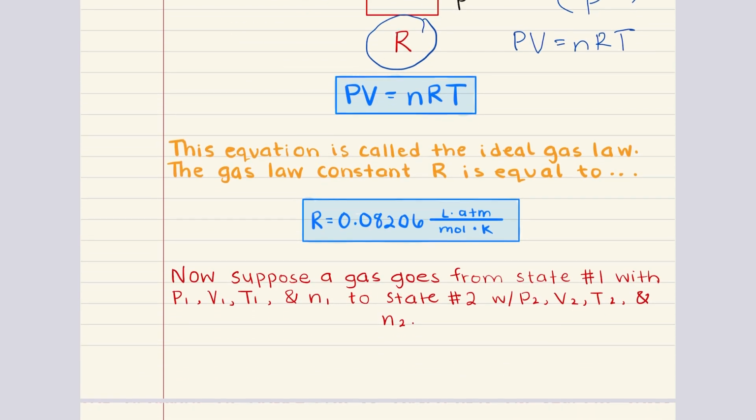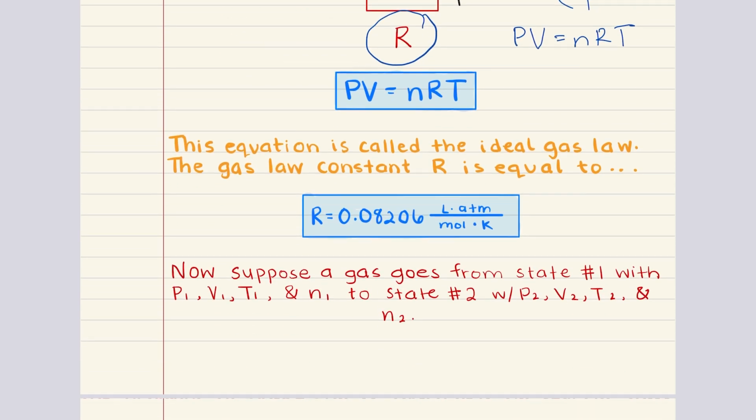Now, the value of R depends on the unit system that we're using. The most commonly used value in chemistry for R is 0.08206 liters times atmosphere divided by moles times Kelvin.